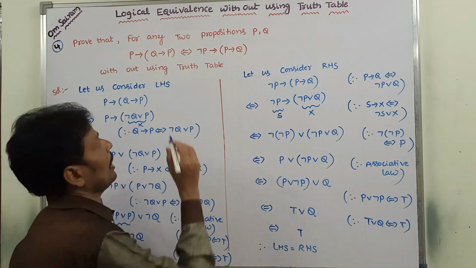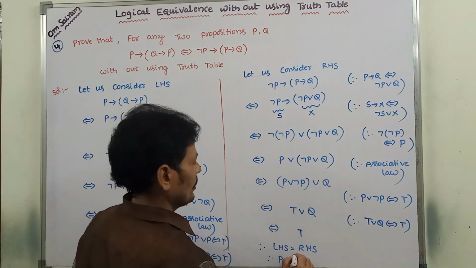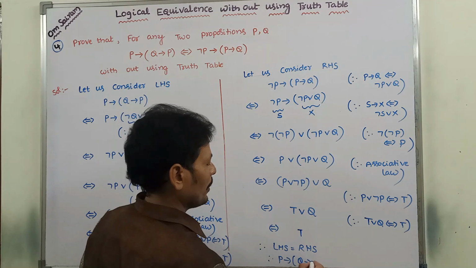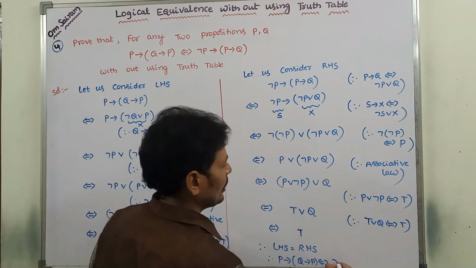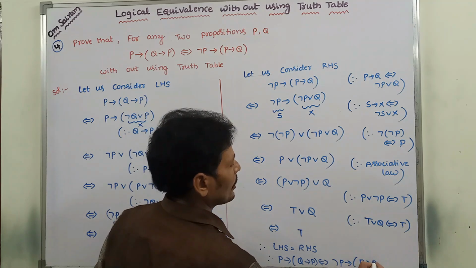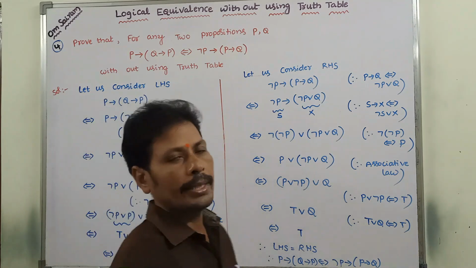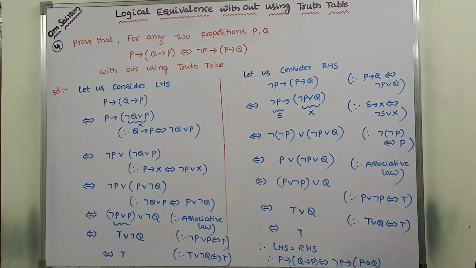What is the LHS part? So that is P conditional Q conditional P, which is logically equivalent to negation P conditional Q. Okay. In this way, we have to solve logical equivalence problems without using truth table.